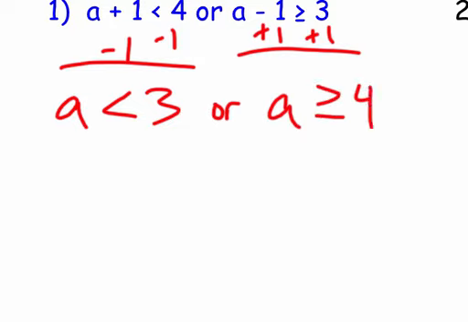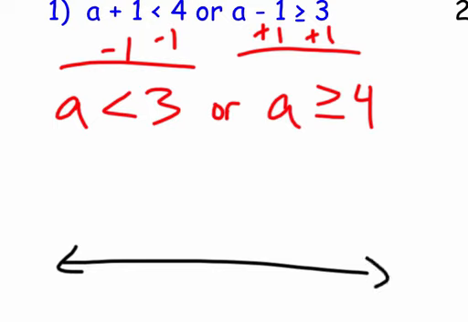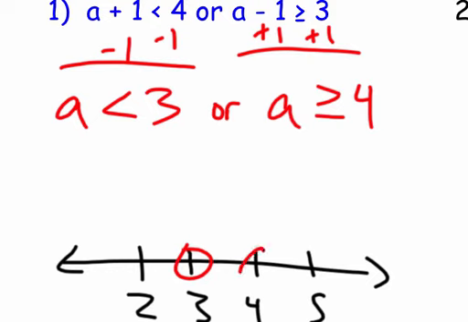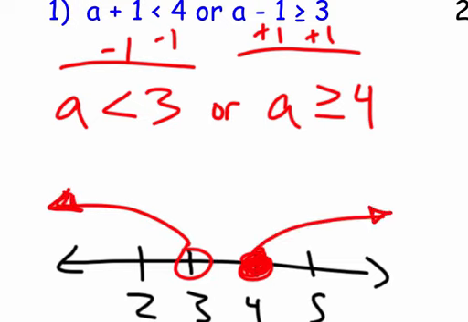So now when I graph this, I'm dealing with 3 and 4, so I'm just going to go with 2, 3, 4, 5. Well, let's see, I have an open circle at 3, and closed circle at 4. And I'm saying numbers less than 3, so going that way. And numbers greater than or equal to 4, so I'm going this way.